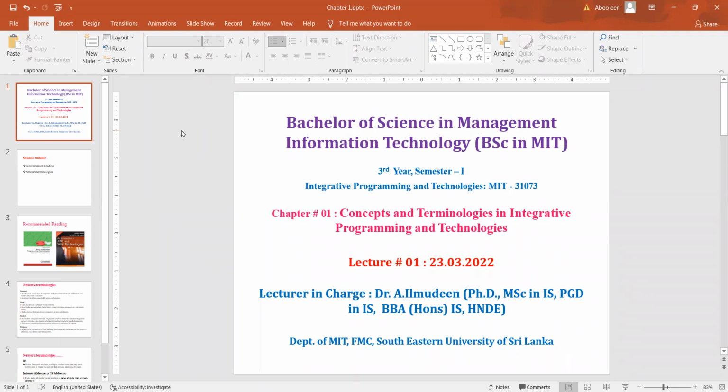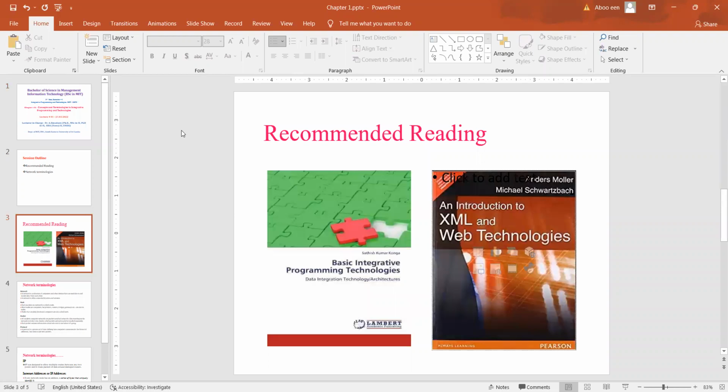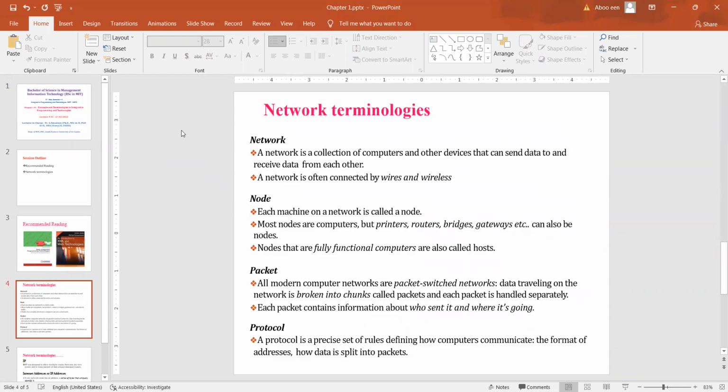There are various technologies, protocols and connectivity media supporting this network. A network is a collection of computers and other devices that can send data to and receive data from each other.